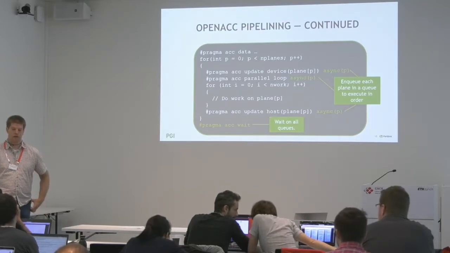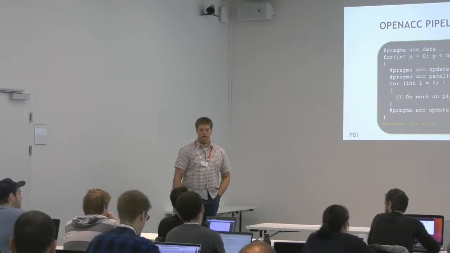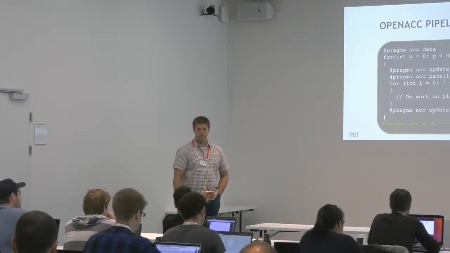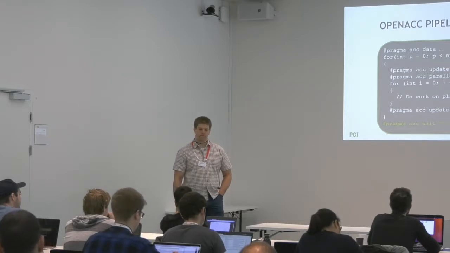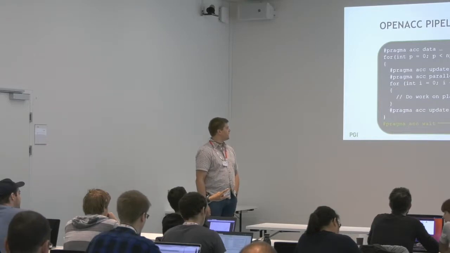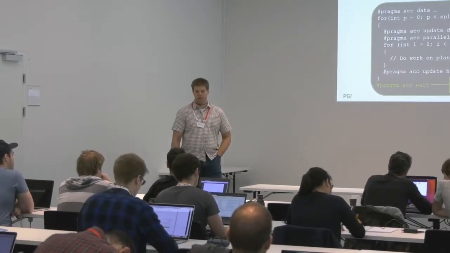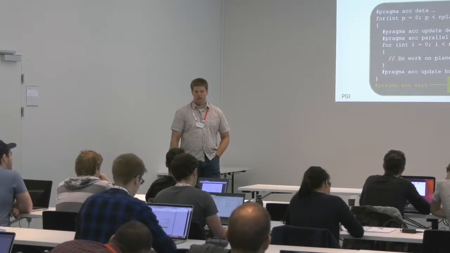So basically, in the previous slide, you said that you want to start the execution of kernel 0 and data copy of 1, right? But when you write something like this, async P, wouldn't it start the execution of data transfer for 0 and 1 simultaneously?